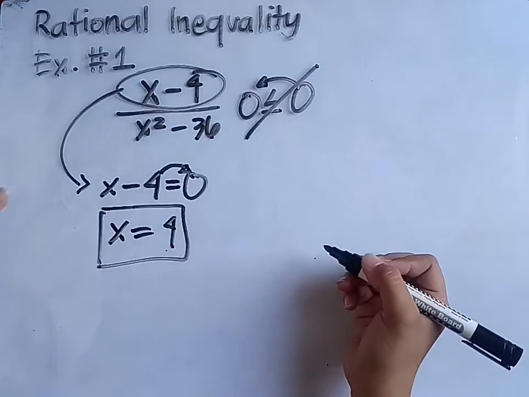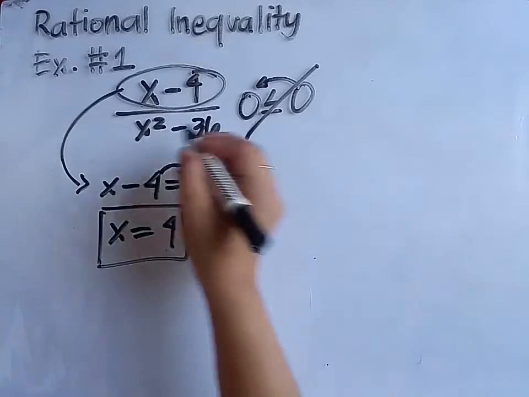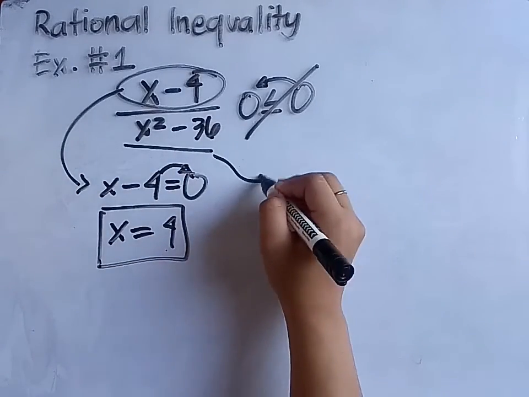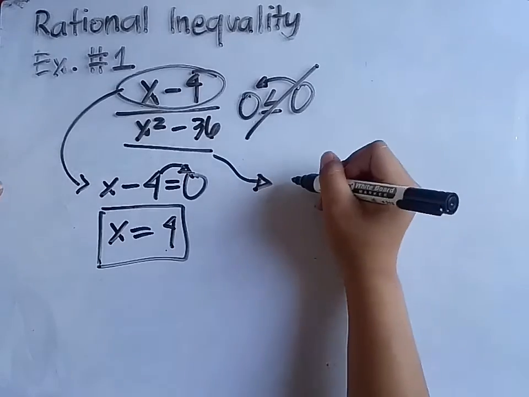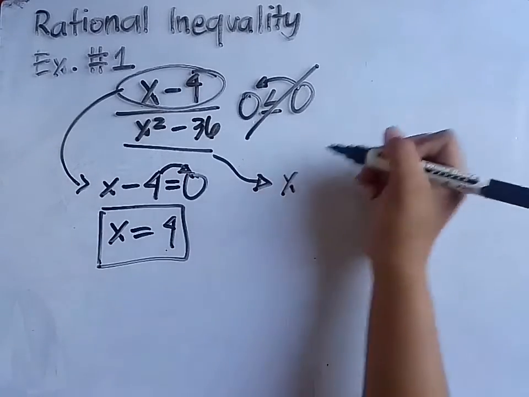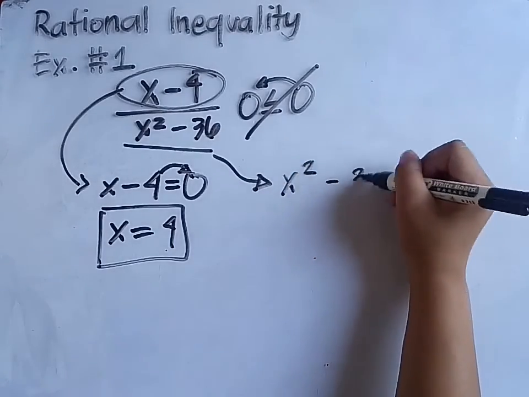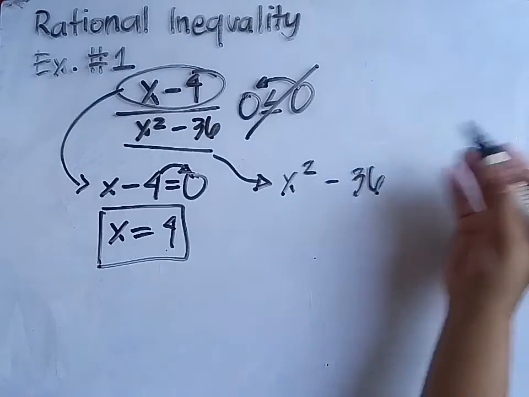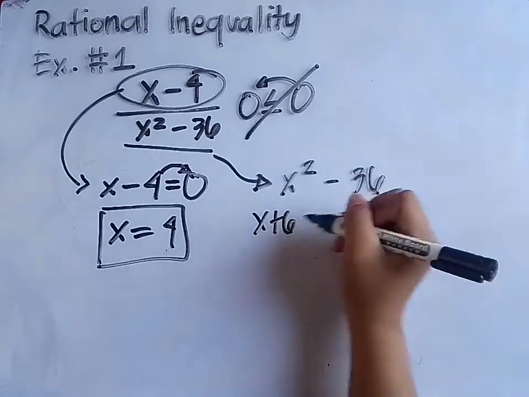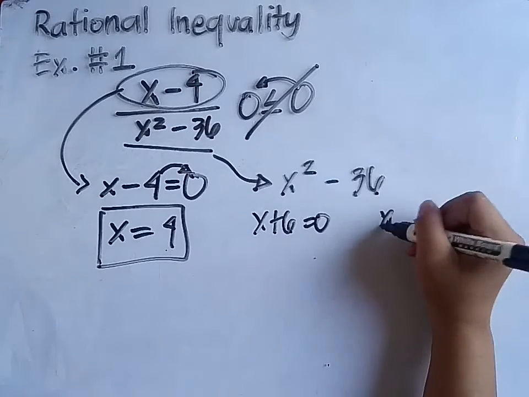The next is the denominator, x squared minus 36. First, we need to find the factors of x squared minus 36. So, x plus 6 equals 0 and x minus 6 equals 0.